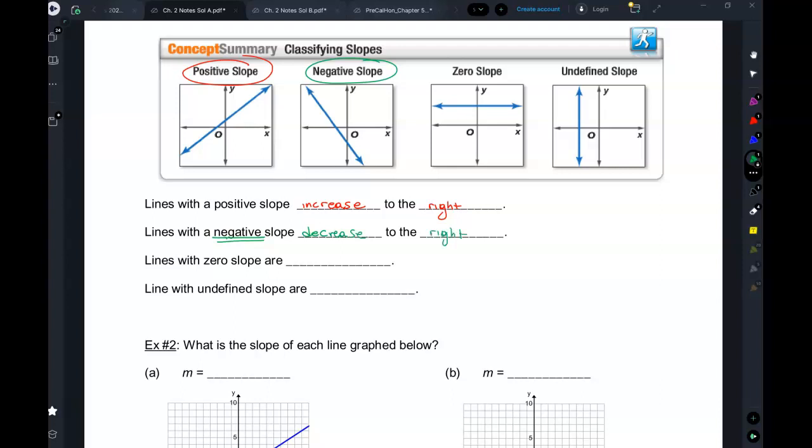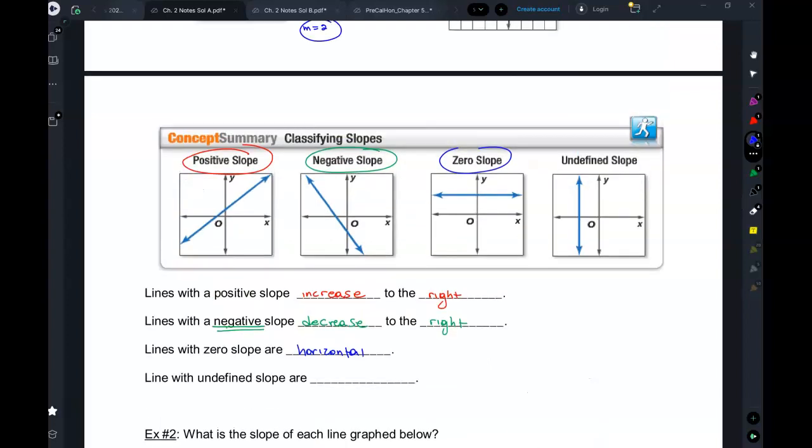Remember, always read graphs from left to right, like English, okay? Lines with 0 slope are horizontal. So let's think about that for a minute. Remember how I said in the very beginning, if I pick 2 points, and if I go over horizontally, I want to know how much it changed vertically.